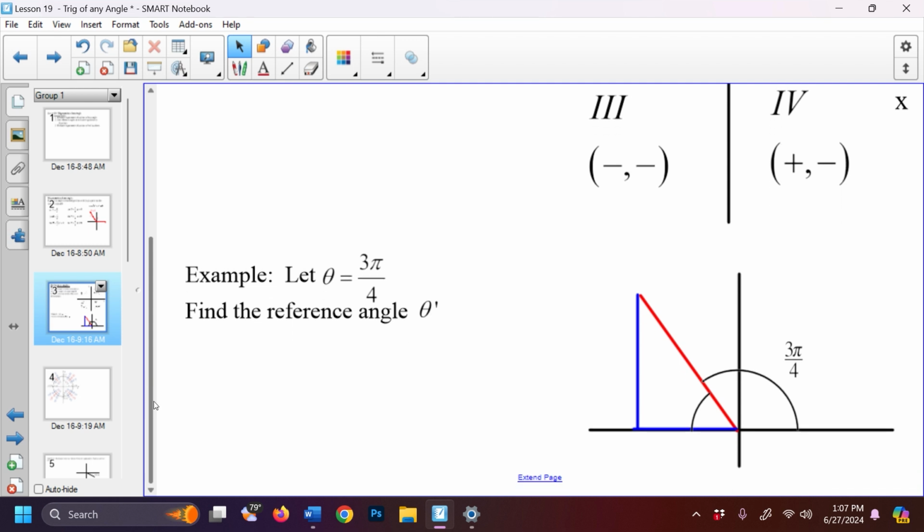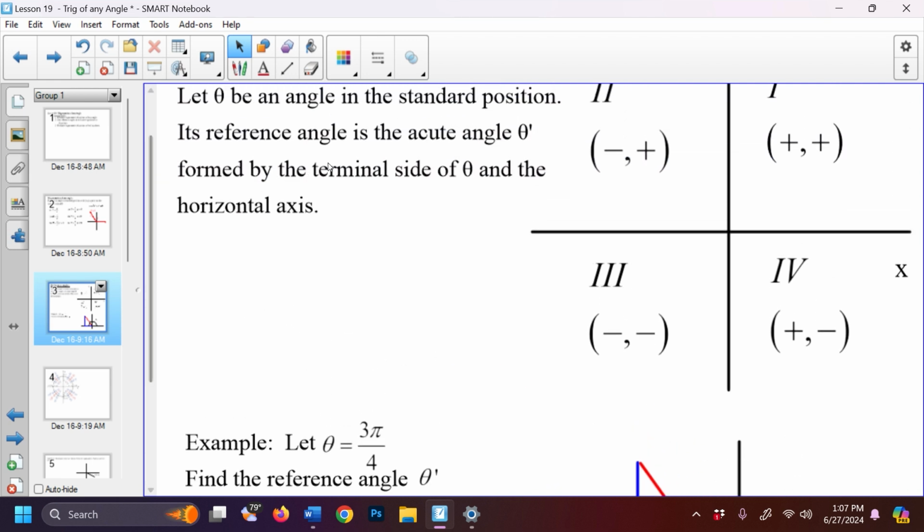So what does that look like? As a quick example here, it says if theta is 3 pi over 4, find the reference angle theta prime. So I put 3 pi over 4 here in the standard position. Here is my initial ray, here is my terminal ray. And so theta prime will be the acute angle.